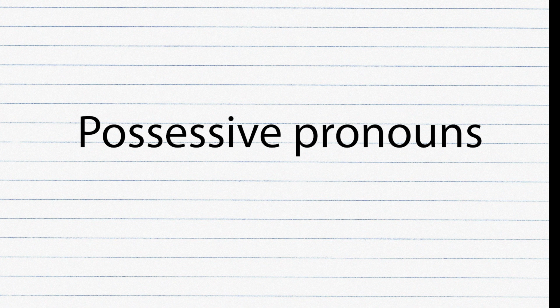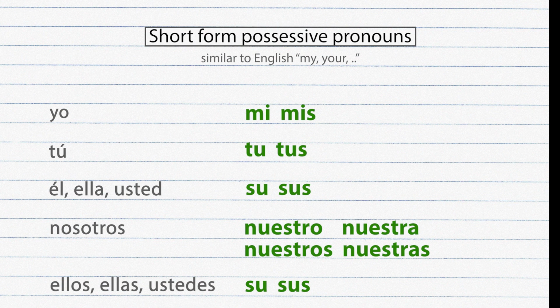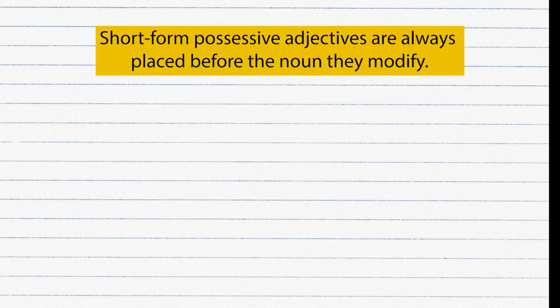Possessive pronouns. In Spanish, there are short form possessive pronouns and long form possessive pronouns. The gender is the same for some of the short form possessive adjectives. These pronouns only have singular or plural form. The short form possessive adjectives are always placed before the noun they modify.